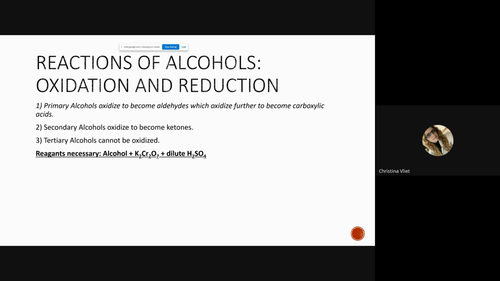I told you that when you did a hot KMnO4 reaction, if you had an aldehyde, it would automatically become a carboxylic acid. You would add an extra O to it. Secondary alcohols always become ketones, and tertiary alcohols cannot be oxidized. What does that mean? You're going to have to tell really quickly. You're going to have to know if you have a primary, secondary, or tertiary alcohol.